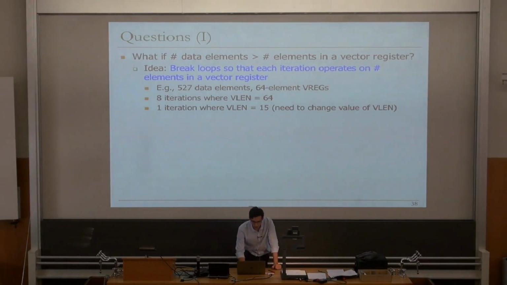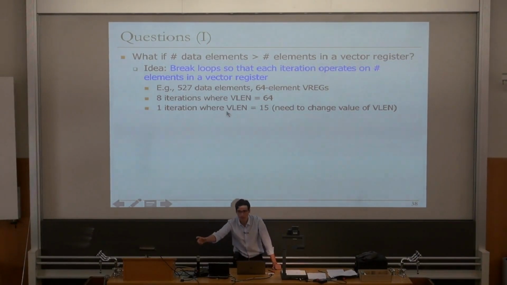So what if the data elements that we have are 527 and our vector length in our hardware is 64? We will have to do something like this. First of all, 8 iterations with vector length equal to 64, and then 1 iteration with vector length equal to 15 in order to finish the execution for this tail of 15 elements.